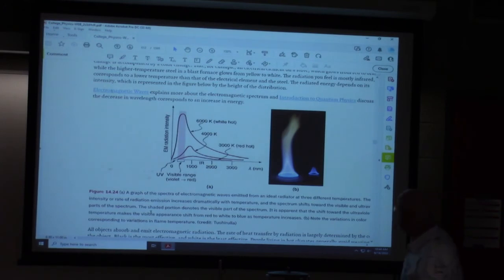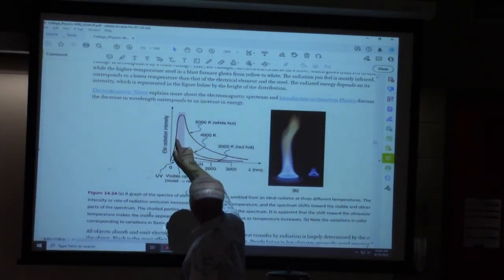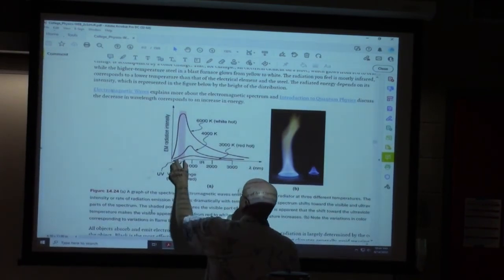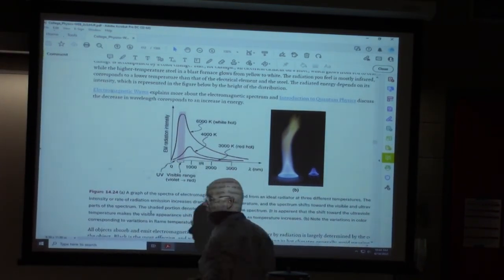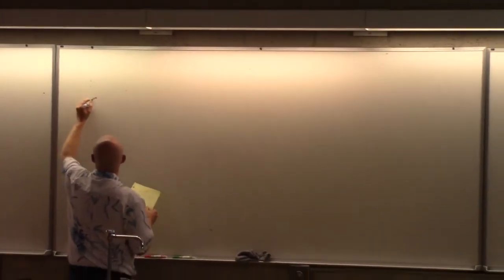And he says if you add up the energy of all of these waves, the ones that are in the visible and the ones that are not in the visible, there's a certain amount of energy coming from this object.